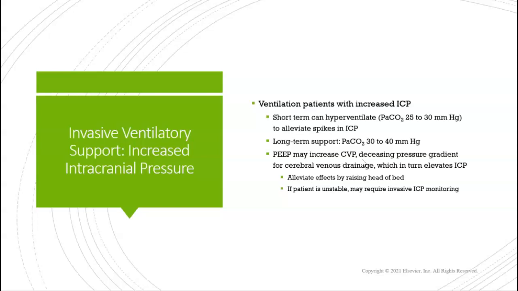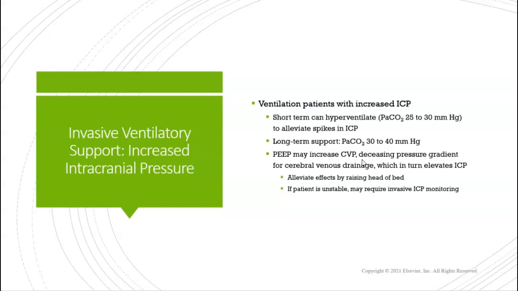But long term, we want to try to maintain our patients still within the normal range, but on the lower end of the normal range for our PaCO2s. This just helps us in case we have another spike in our ICP and we want to do this really quickly for a short-term solution, but we don't want to maintain our patients' CO2s chronically low and chronically hyperventilating them to try to chase some ICP ideal.